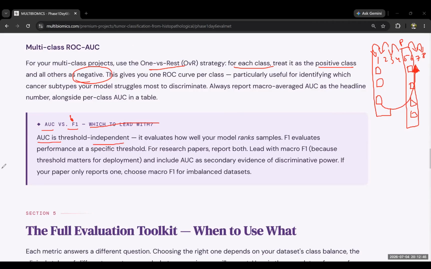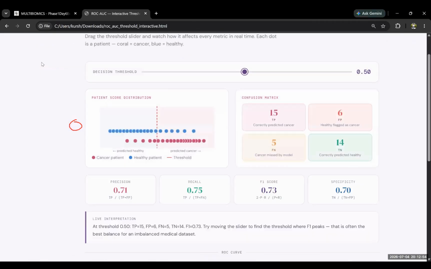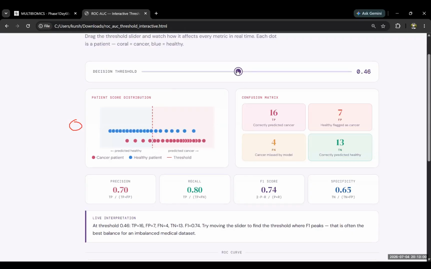When I showed you about F1, just a second, I'll show you again. Can you see this new tab now? As I'm changing the threshold, my F1 score is also changing. So it depends on the threshold.